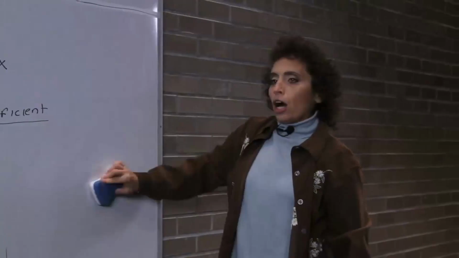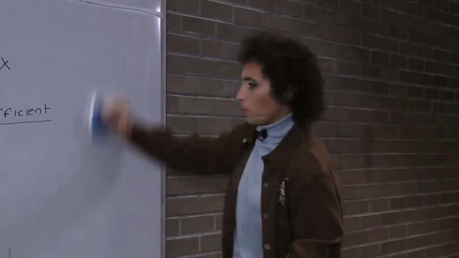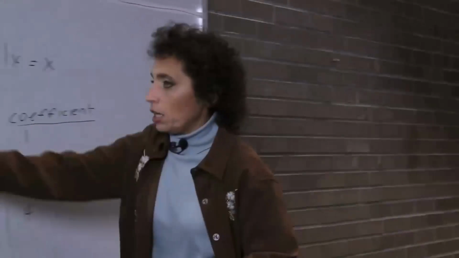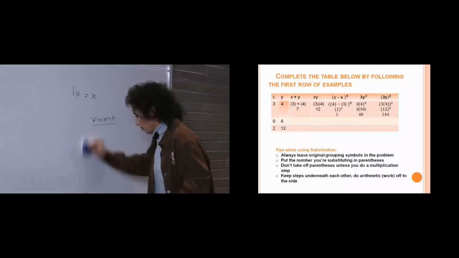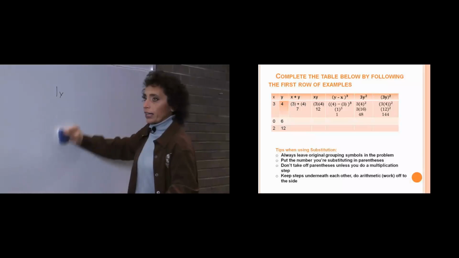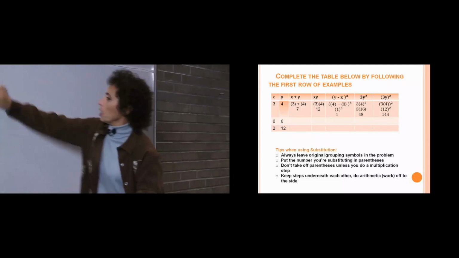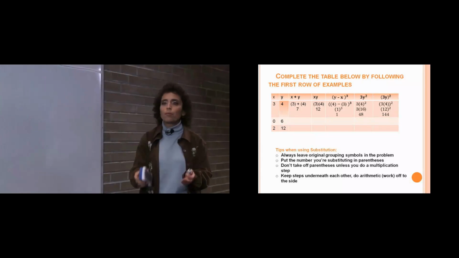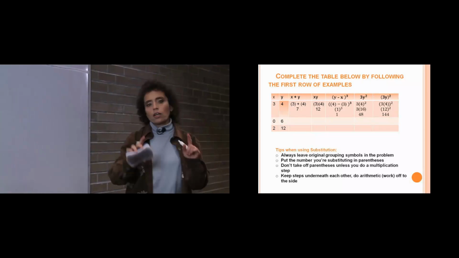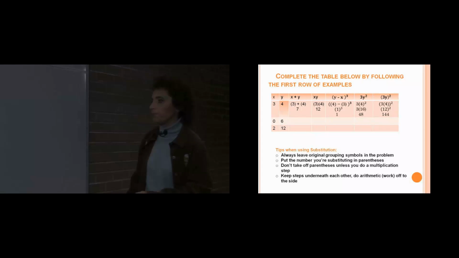Okay, so let's take a look at this next chart that we want to substitute with. Take a second to do this chart, and then we'll come back and look at the answers together. Remember, when you substitute, remember to put your numbers in parentheses.